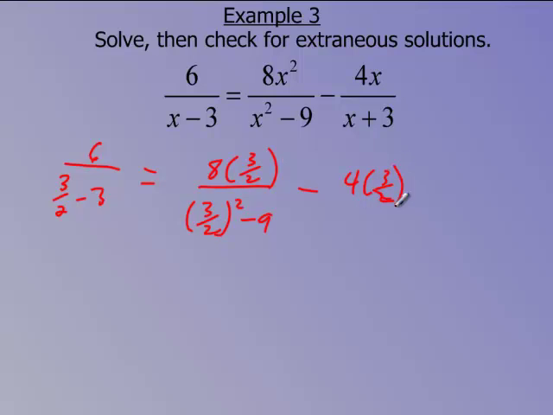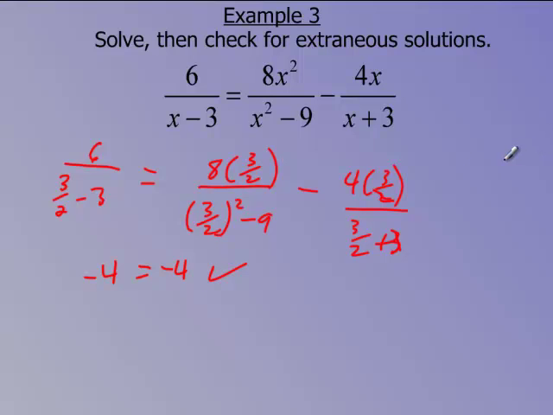Ugh, that's an ugly 3 halves. And then with a little mental math and the help of a calculator, we would come up with, hey, negative 4 equals negative 4, and that checks out. Cool, groovy, awesome. So that's a winner.